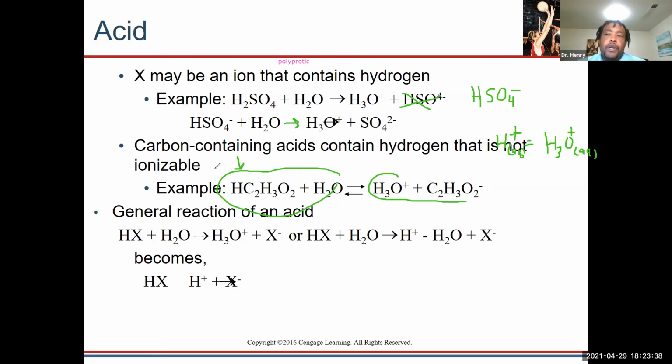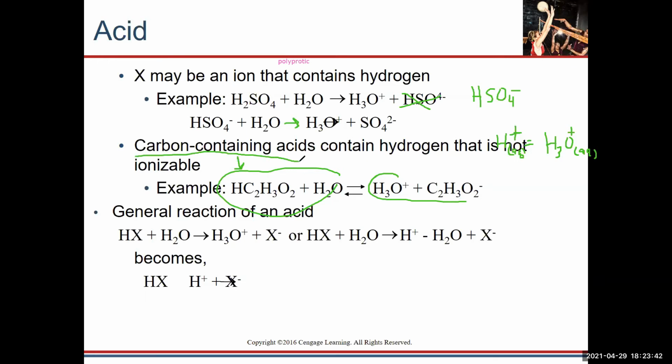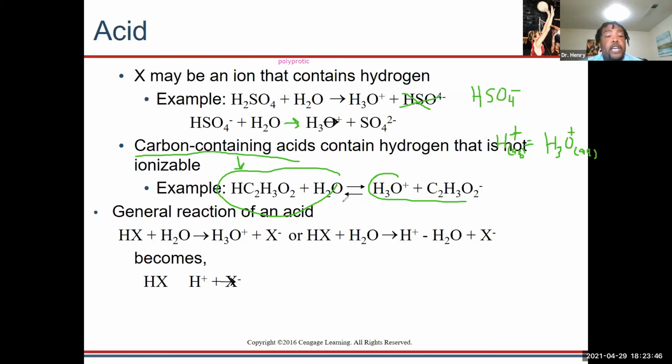Okay, yeah, so carbon acids, anything that has carbon in it, carbon acids are weak acids. So what happens is they form what we call equilibrium. That means that they make a little bit of this guy, but most of it is going to be this.